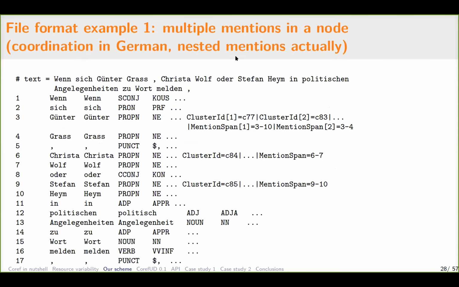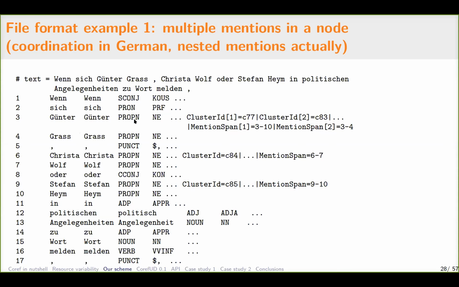Okay, another example of nested mentions, this time from German. Wenn Sie gegen Gras, Christa Wolf oder Stefan Heim in politischen Angelegenheiten and so on. So we can see that we have 3 names being coordinated, and each of the names constitutes a mention of its own, but the whole coordination is also one huge mention.